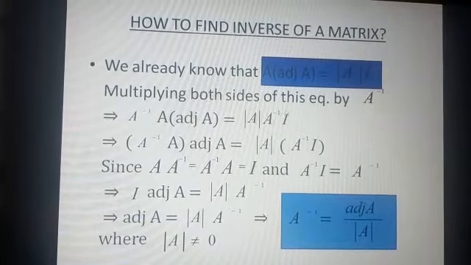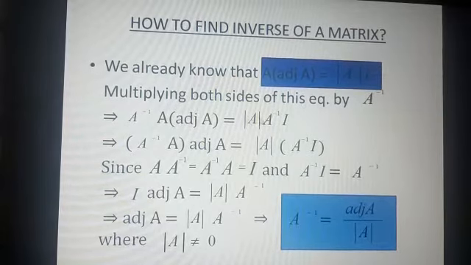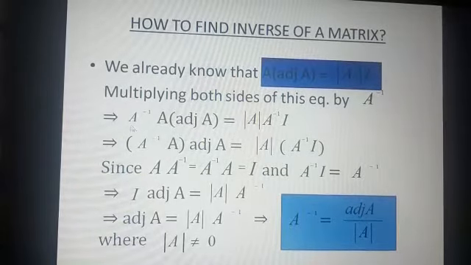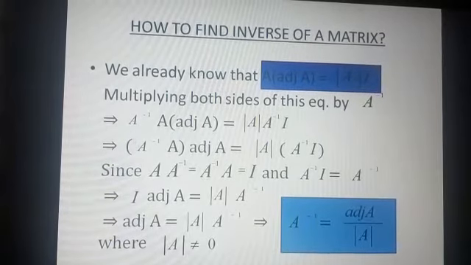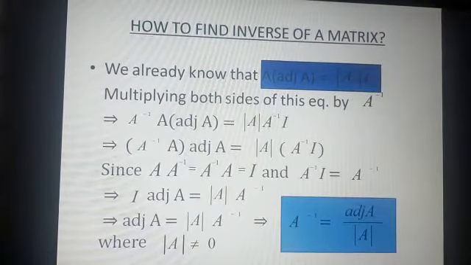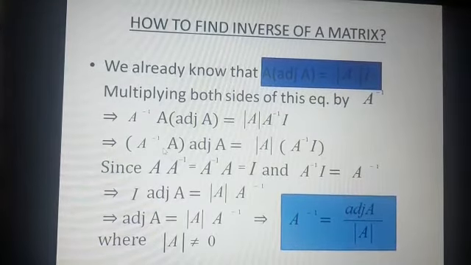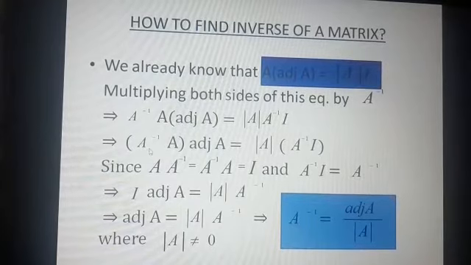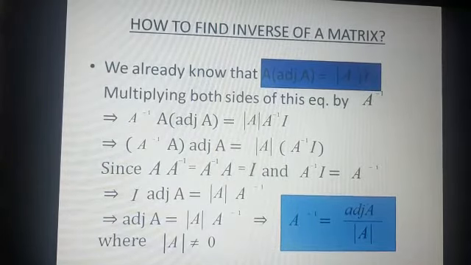Only these two can be multiplied. A inverse is a matrix and I, the identity matrix, is also a matrix, so we multiply these two. The determinant of A is a scalar, so it is kept outside. When you are multiplying this, I can replace the brackets. I can write A inverse into A into adjoint of A is equal to determinant of A into A inverse into I. In the previous slide, we saw that whenever you multiply a matrix A with A inverse, or A inverse with A, you always get the identity matrix.